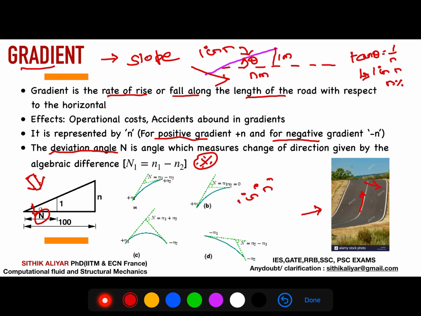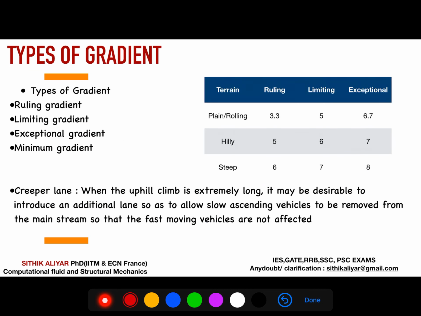There are 4 types of gradient usually provided in highway engineering. Ruling gradient, which is nothing but a design gradient. Whatever is required for our particular topography, we will design that. You can see the table on the right side also for plain and rolling terrain. Then the limiting gradient. Limiting gradient is nothing but, at least we should provide this much.